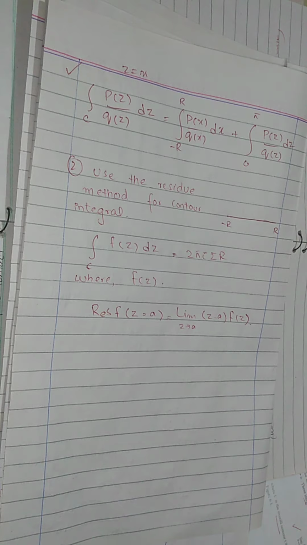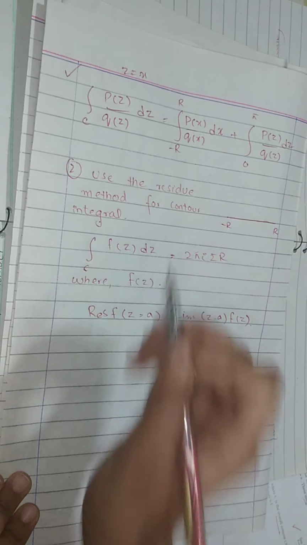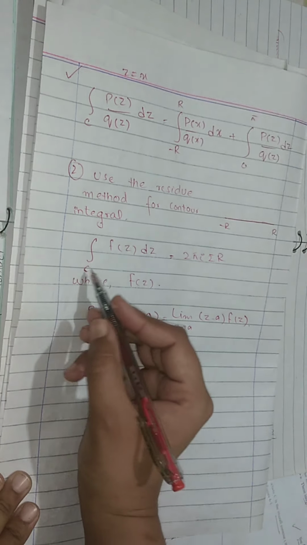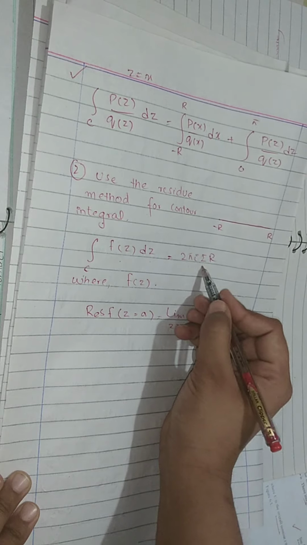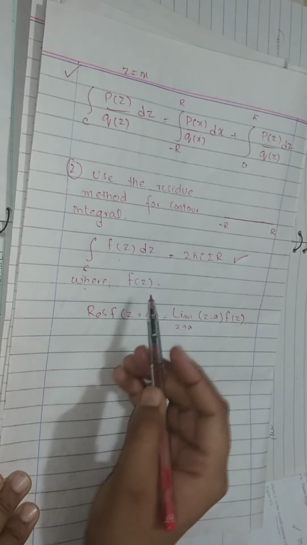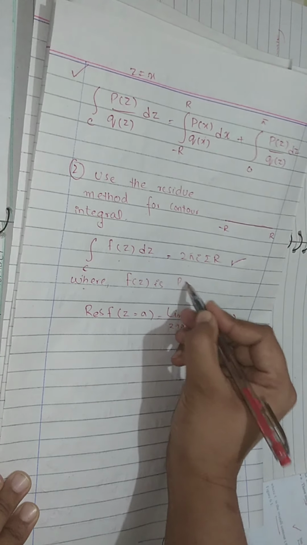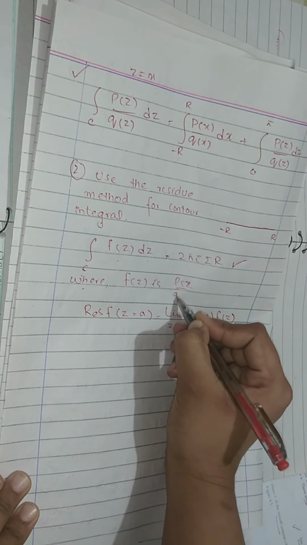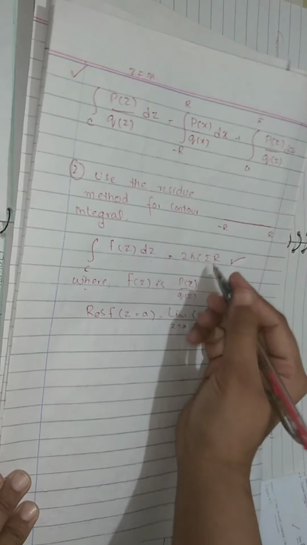In the second method, use the residue method for the contour integral. What is the residue method? The contour integral of f of z dz is equal to 2 pi i times the sum of residues, where f of z can be our polynomial p of z over q of z form or any other like this. Then how to find the residue?